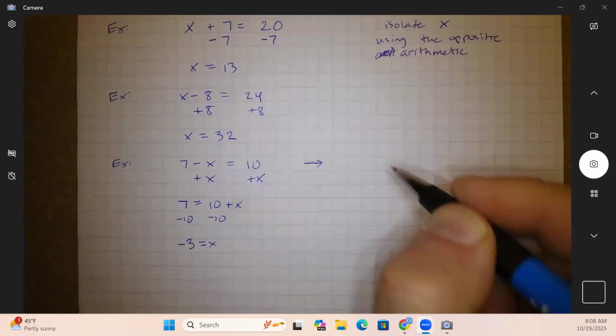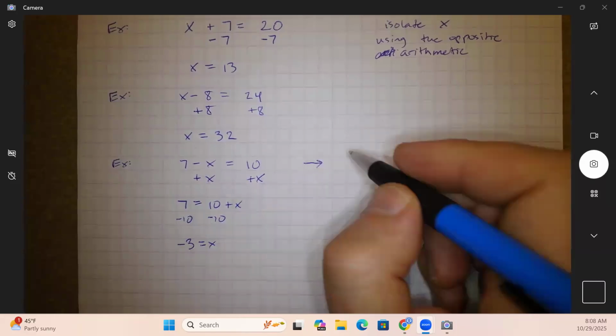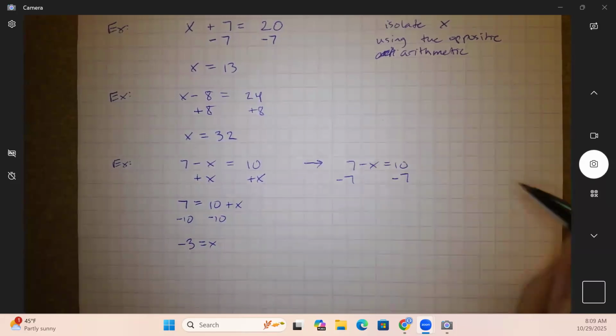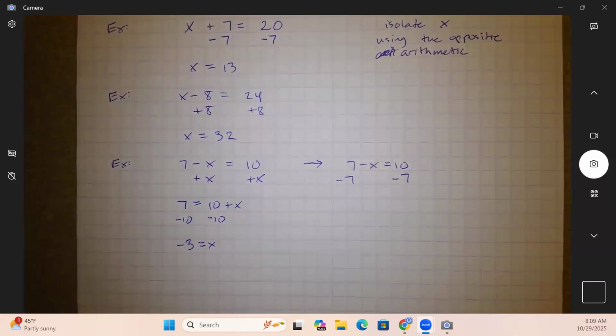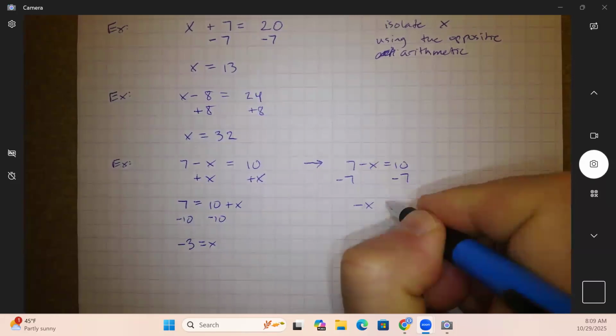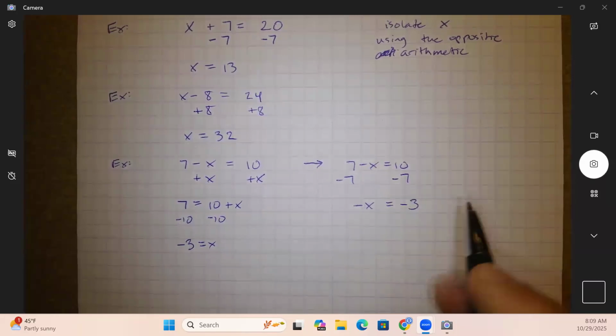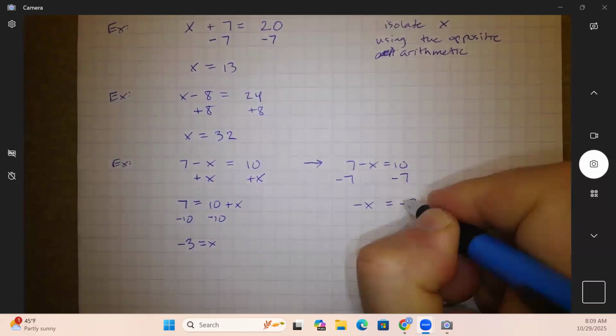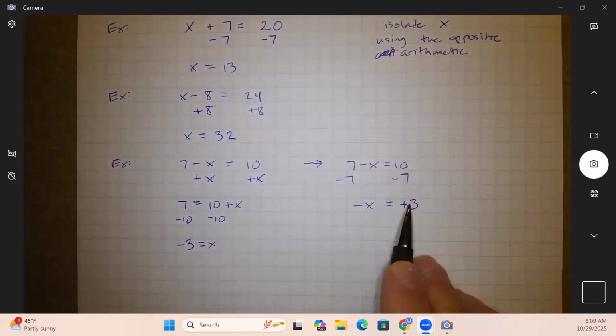That's one way to do it. The other way is to say, I don't care that the x is negative. I'm still going to use my minus 7 on both sides to isolate that x, and I get minus x equals negative 3. Oh, that's positive, sorry. 10 minus 7 is 3.